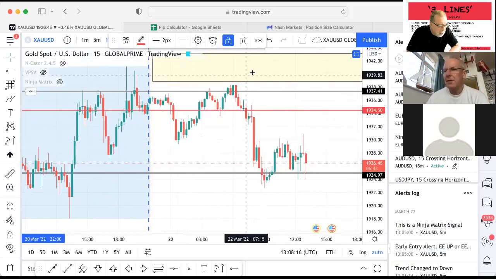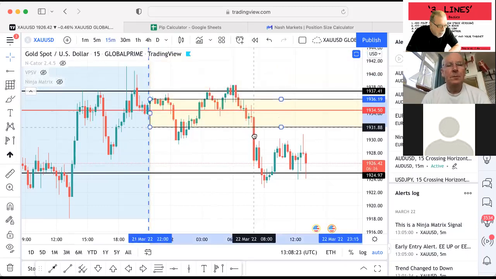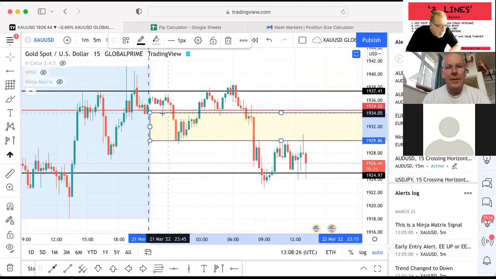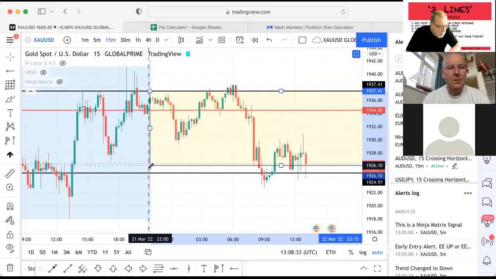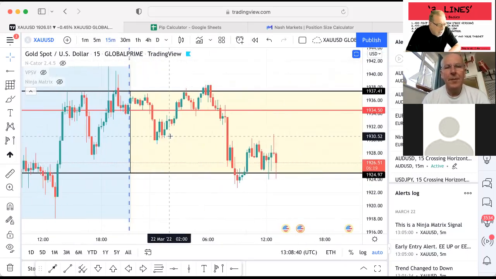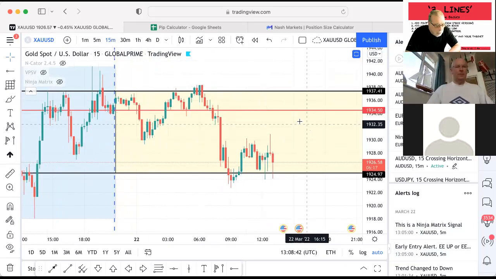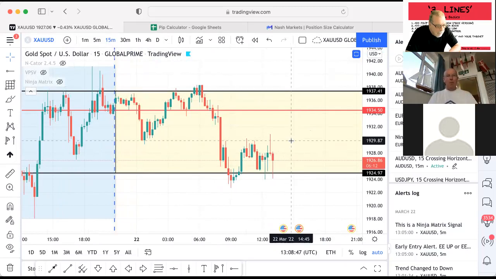But what I normally do, just for visual purposes, is I put on the shaded rectangle, and if I just put that up there and take the bottom there. So right, we've now got the real visual, and I don't think I need to put my labels on. This is what we call the value area high, this is the value area low, and this is the target for today.